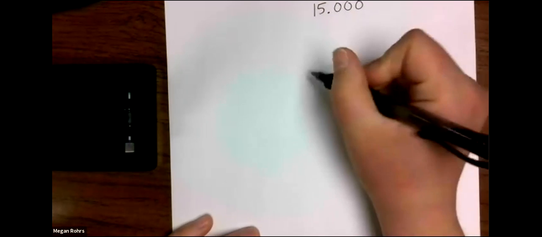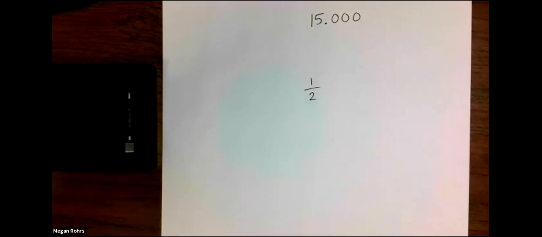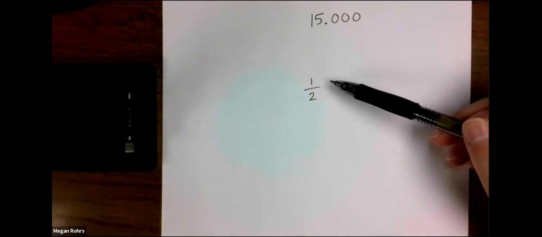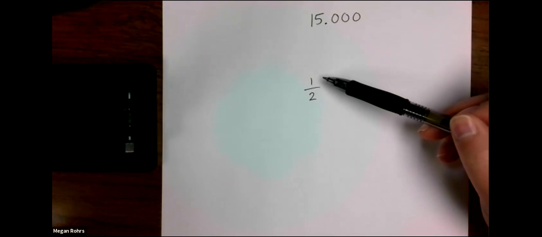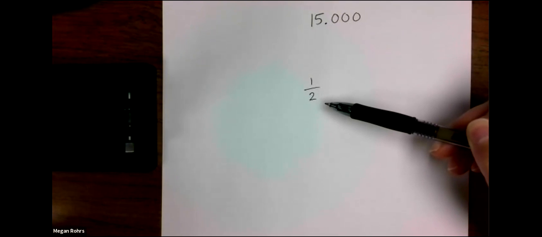Let's just start with an example here. Let's look at 1/2. So this is 1 over 2. Any fraction, we can also look at as a division problem. So 1 over 2 or 1 divided by 2, okay?